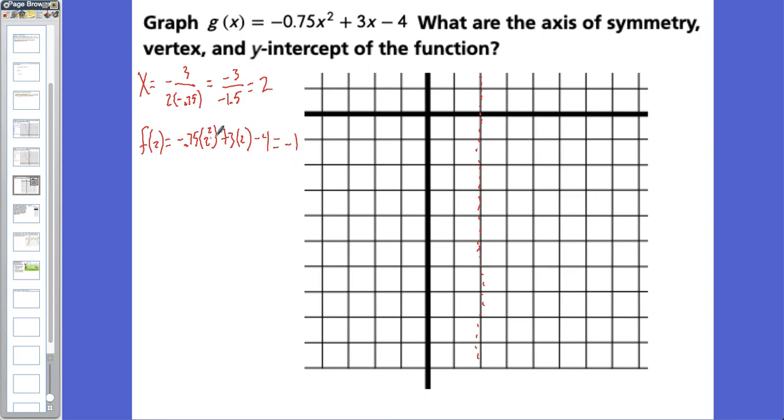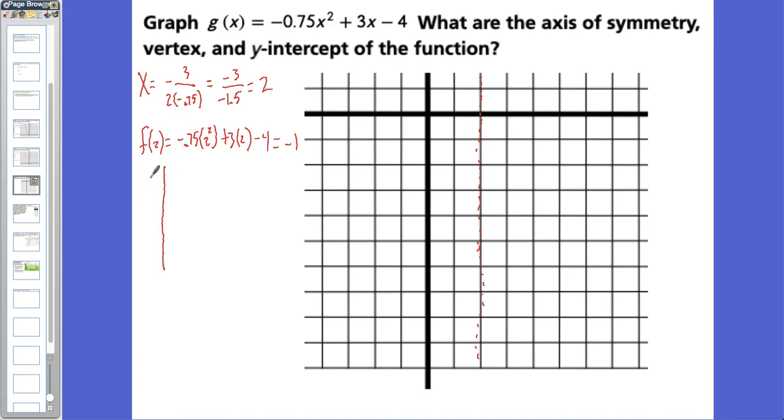Guys, you can type those straight into your calculators. If you're not following what I do verbally there, when it comes to your homework, just type it straight into your calculators. Negative 0.75 times 2 squared plus 3 times 2 minus 4. And it'll tell you negative 1.